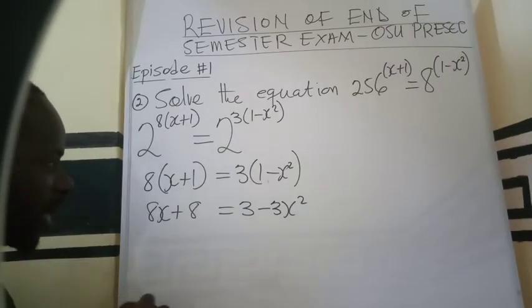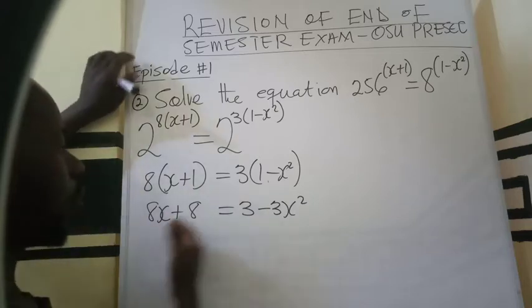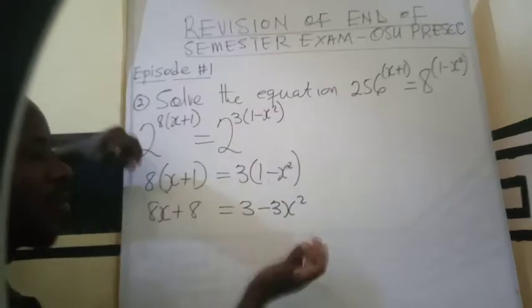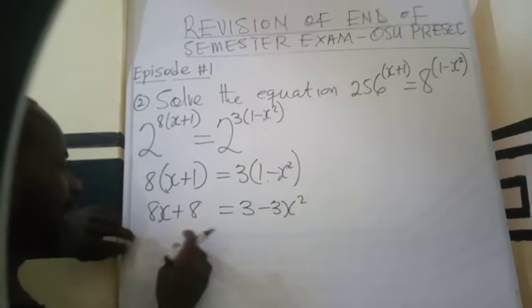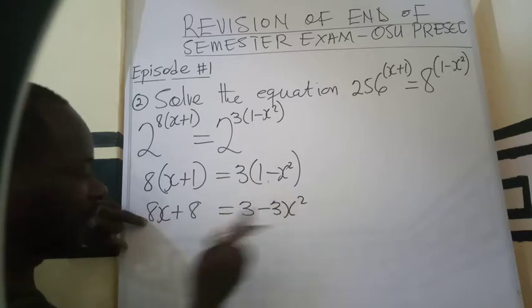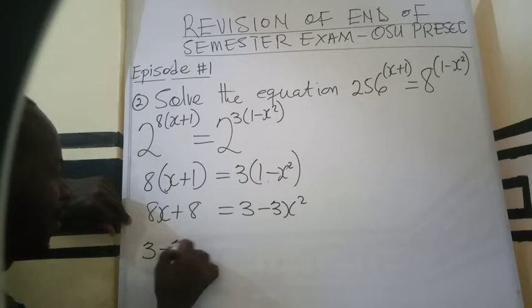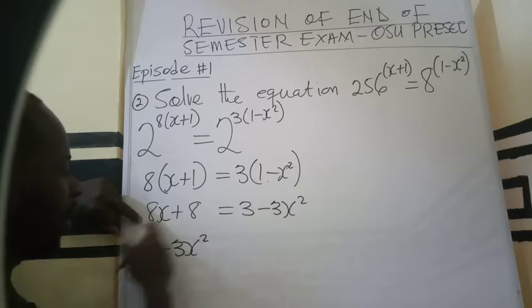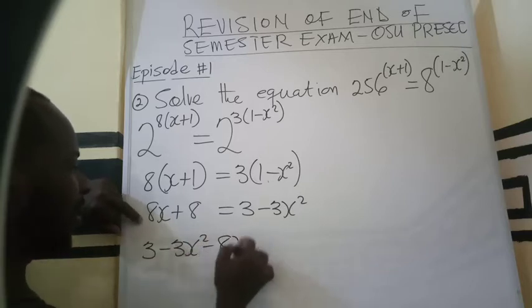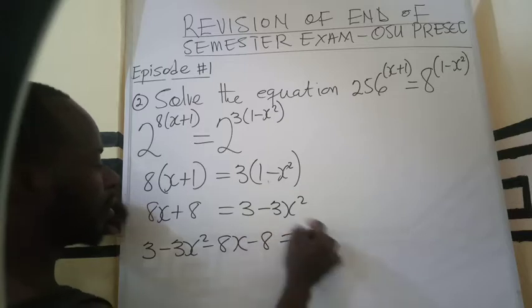So right away we can see that we are gearing towards a quadratic equation. So we group all together at one side. So I will send all this to this side, and I'll be having 3 minus 3x squared minus 8x minus 8, all equals 0.